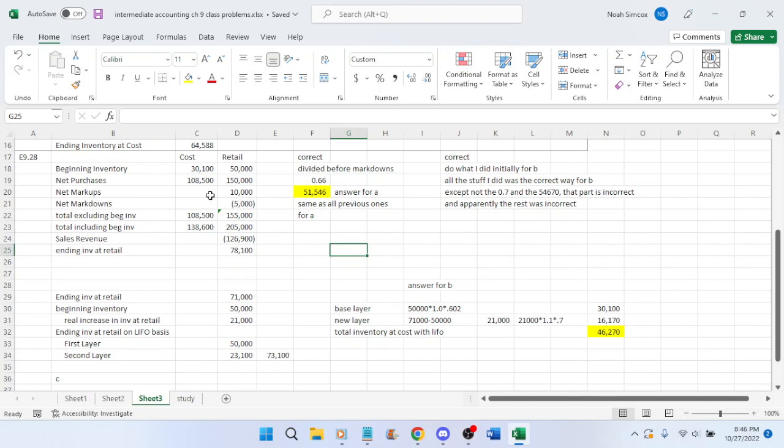I did extra calculations on the right-hand side. What was I doing? Oh my goodness, this dollar value LIFO is so confusing, because there's different layers.